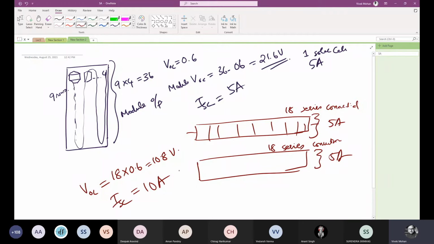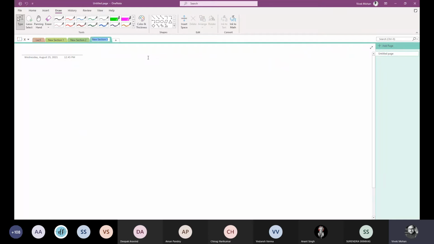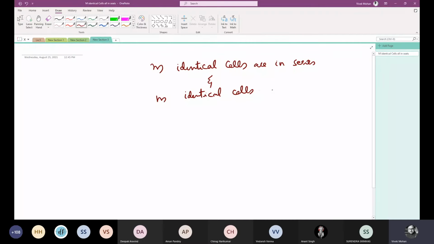So basically the IV characteristic of a module consisting of identical cells. Here we have only used identical cells. It's for M identical cells in series and N identical cells in parallel. So in general, if M identical cells are in series and N identical cells are in parallel, then how will you find the module output?